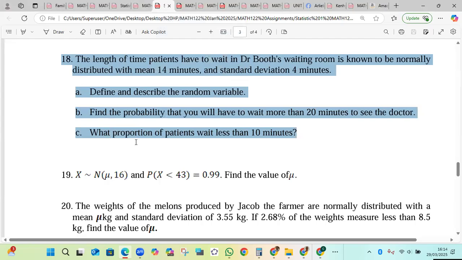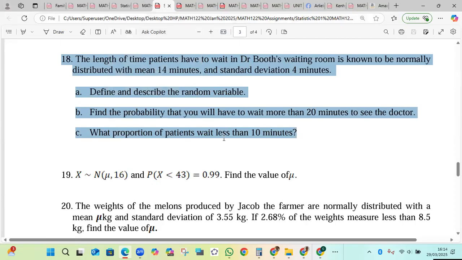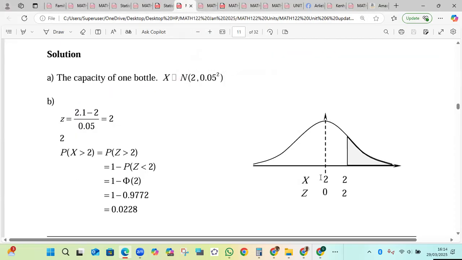Part C says, what is the proportion of patients that wait less than 10 minutes? Less than 10 minutes. 10 minutes is more than the mean, so again, you'll be on the right of the mean, but you are shading towards the left. Then you are looking for a big chunk.